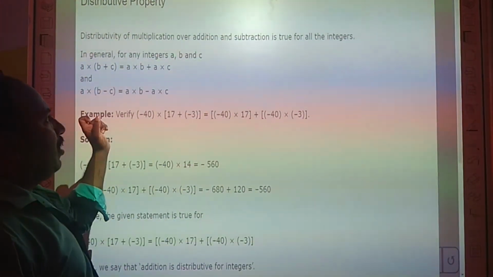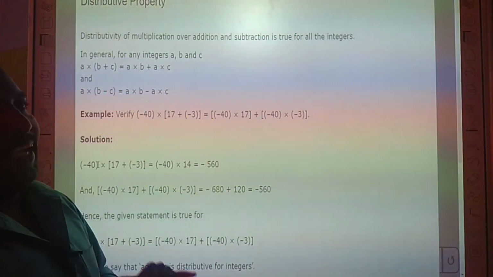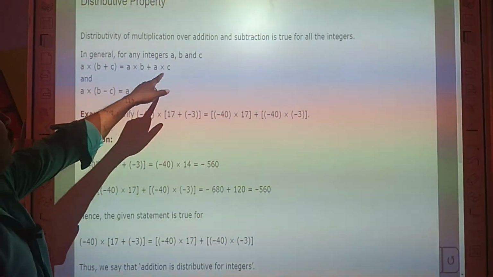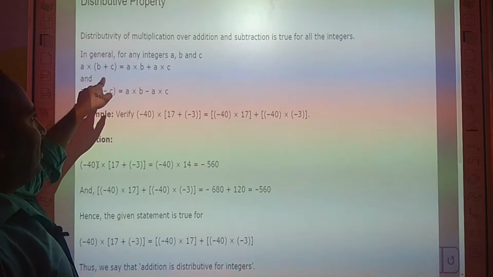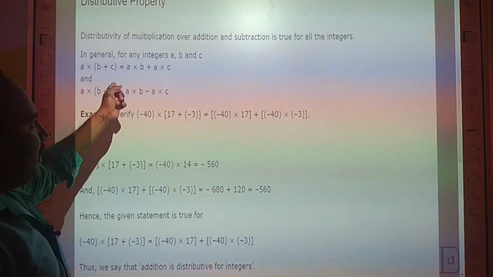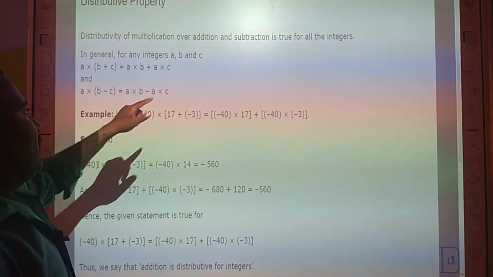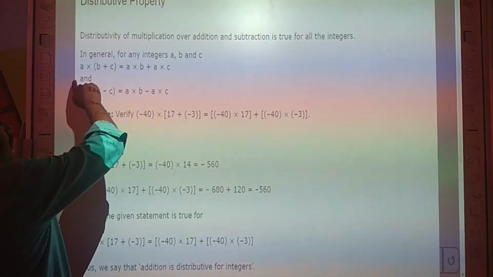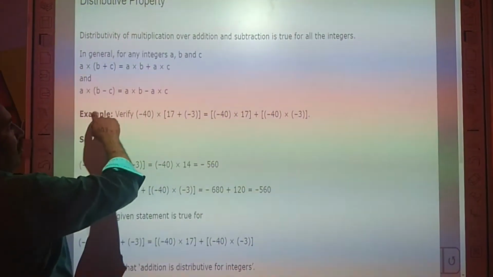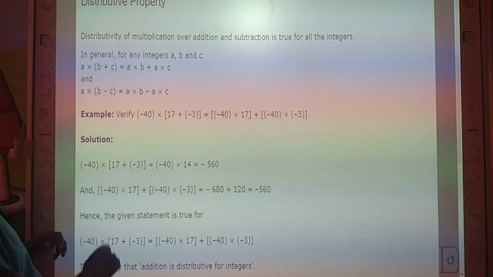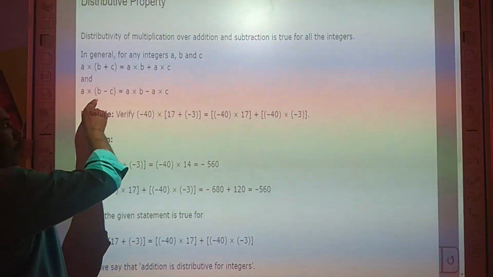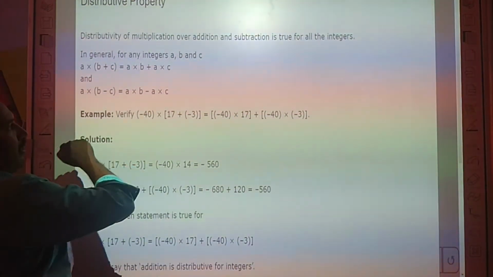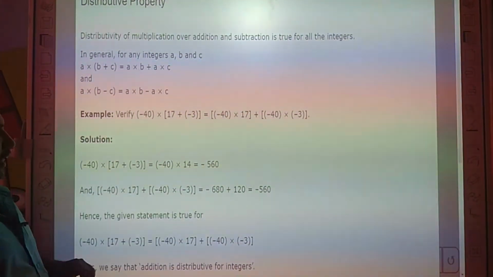In general, for any integers a, b and c, our rule is a into (b plus c) is equal to a into b plus a into c, and the subtraction rule is a into (b minus c) is equal to a into b minus a into c.